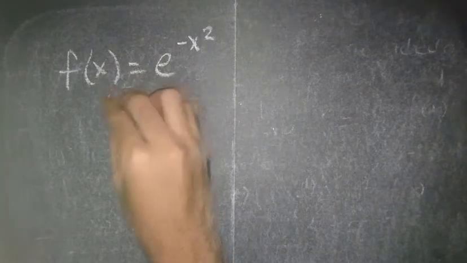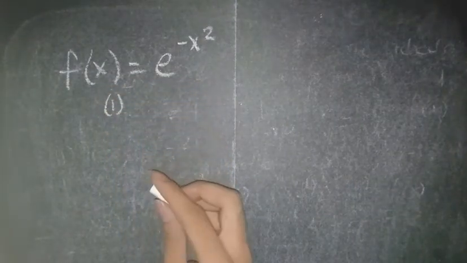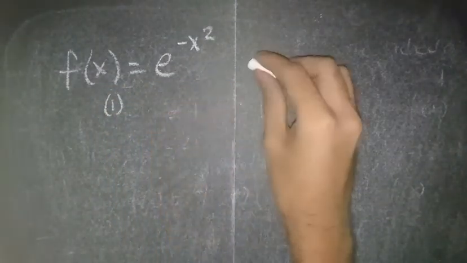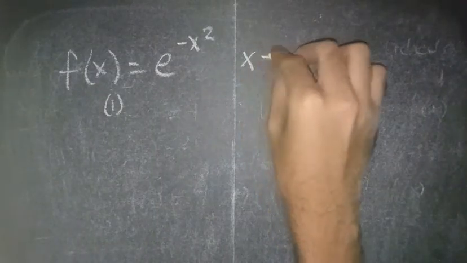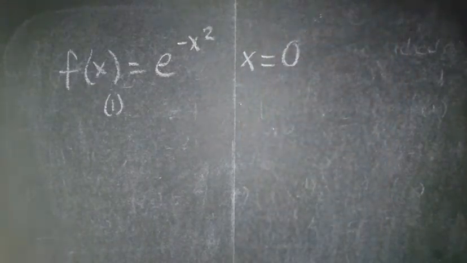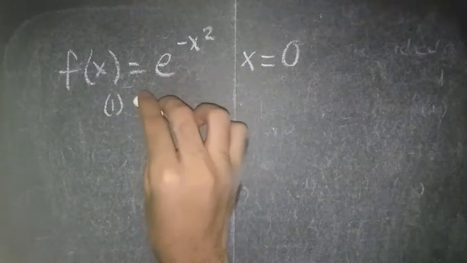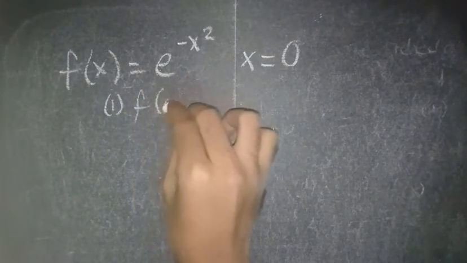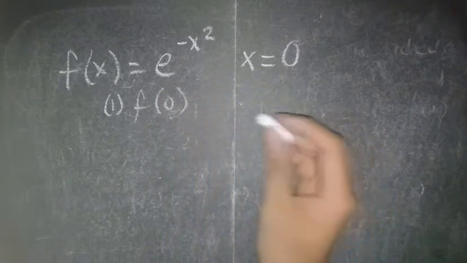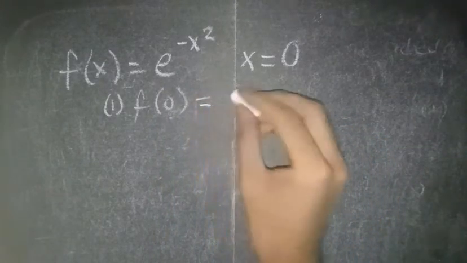By the first condition, suppose that x is equal to 0, f of 0 is e raised to 0 by substituting 0 to x.